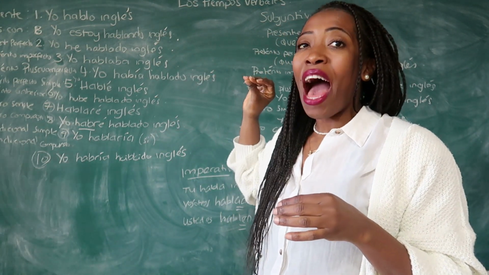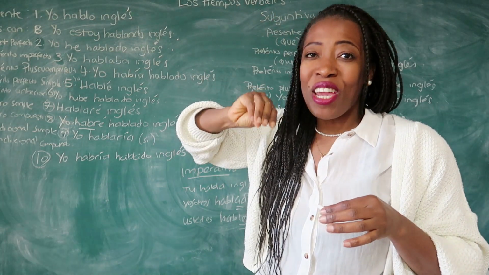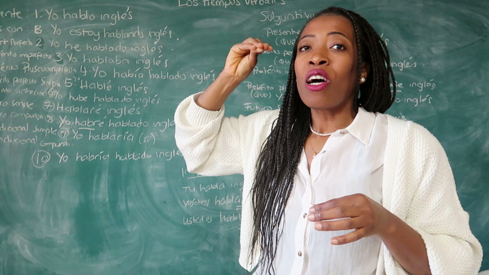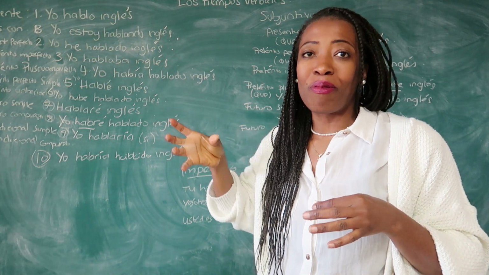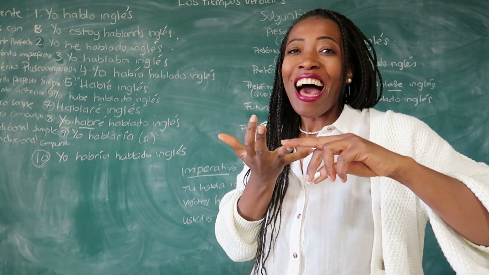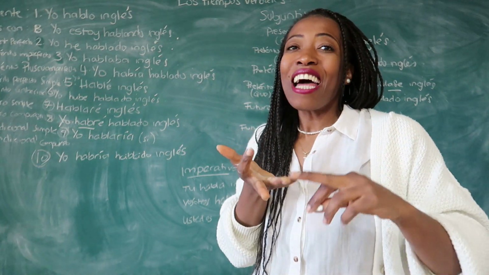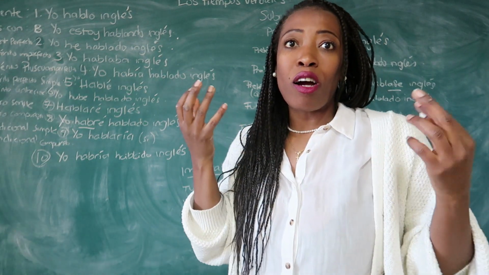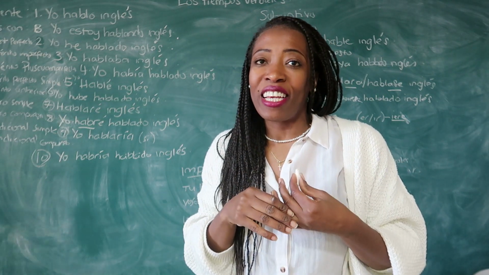Then you have the imperative, which gives orders, and 3 additional forms of changing your verbs: the infinitive, that's untouched, the gerund, which is adding ing, and the participle, which can be regular or irregular.